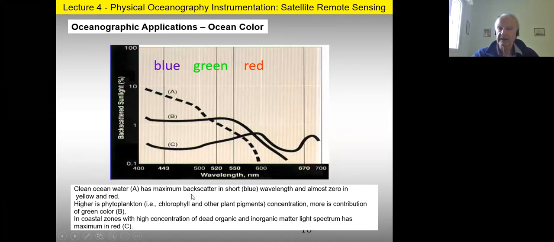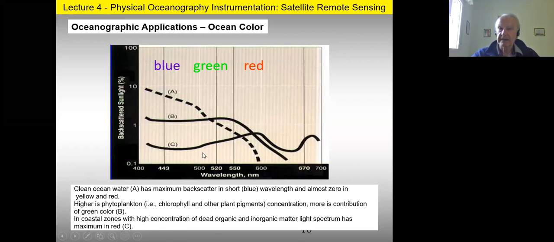Clean ocean water has a maximum backscatter in the short blue wavelength, which is here, and almost zero in yellow and red. So clean ocean water is blue because it has a maximum backscatter in the short blue part of the spectrum.